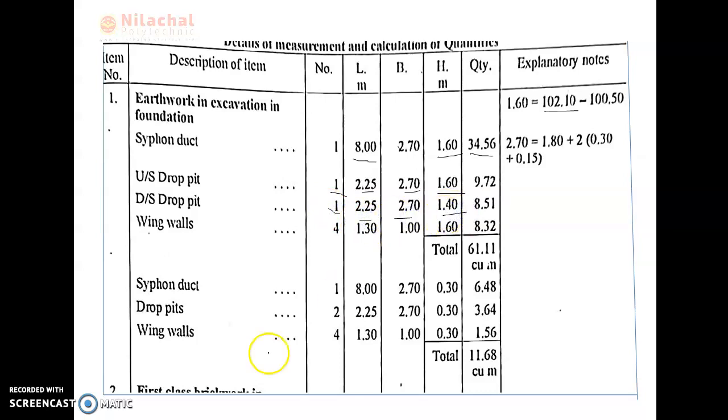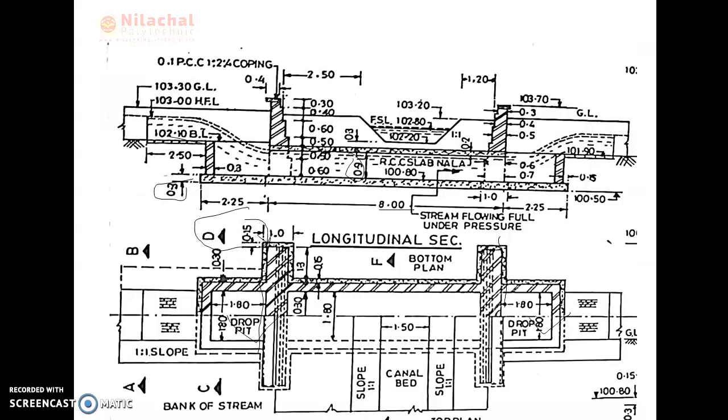How can we define these? Here the drop it length is 2.25, clearly indicated here. The breadth is from this point to this point distance, right?